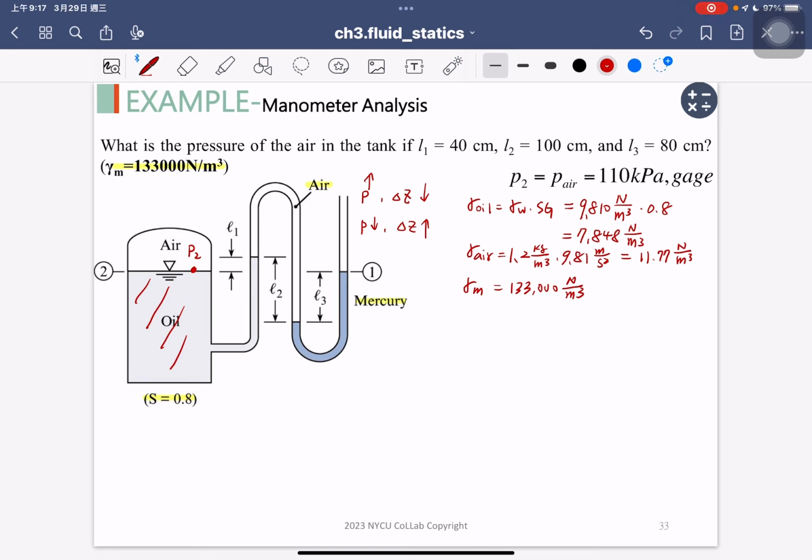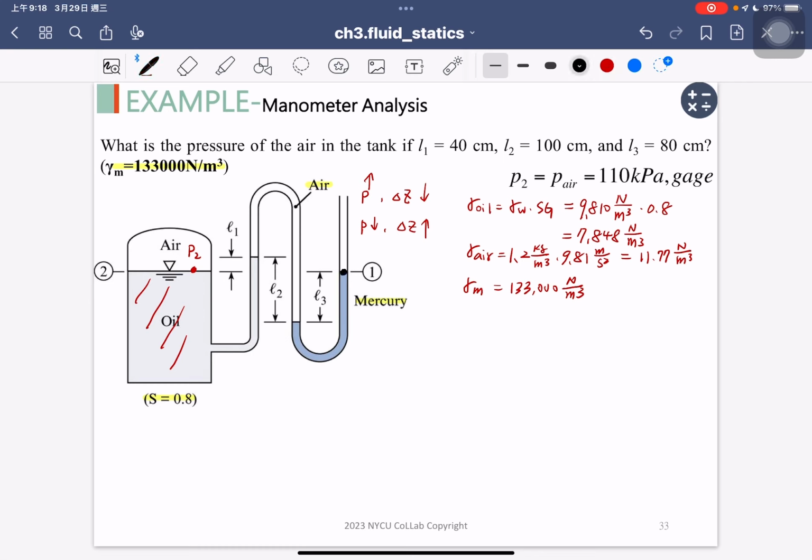The reason I summarize all the specific weights for all fluids in our problem is that in the hydrostatic equation, we apply gamma multiplied by the length, and it converts to pressure.